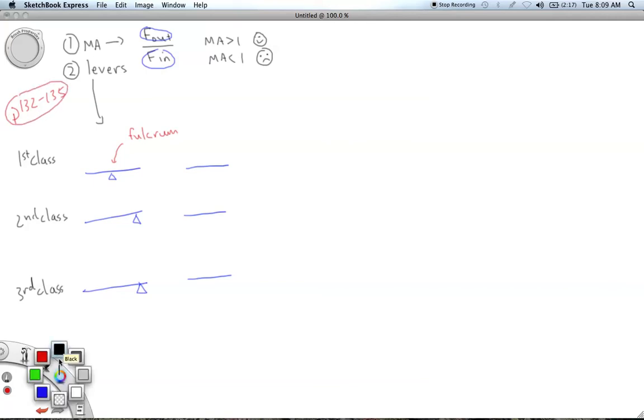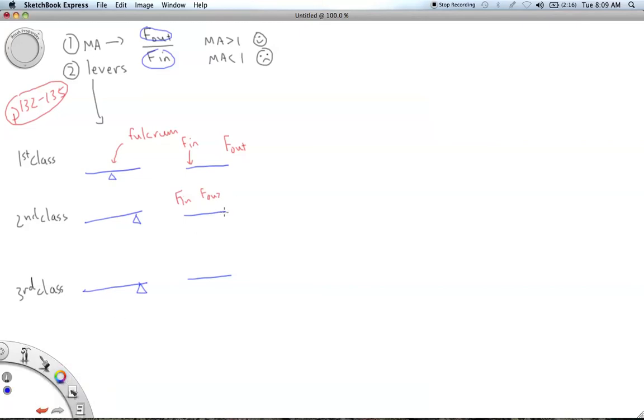Okay, now going back to first, second, and third class levers. Now, another way you can describe it is the F in and the F out are on opposite ends of the lever for first class levers. For second class levers, the input force and the output force are actually right next to each other.